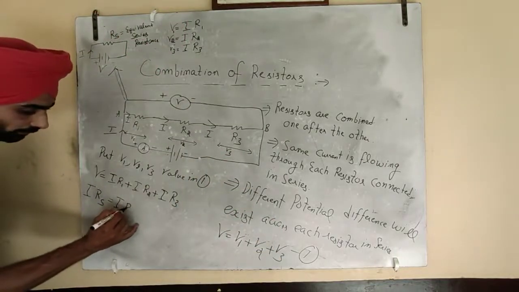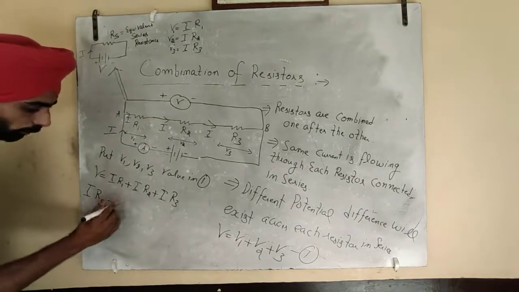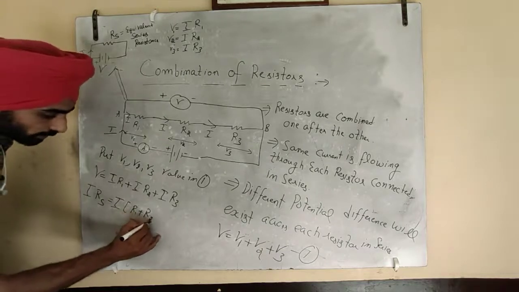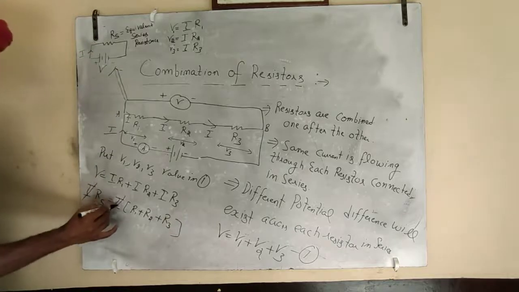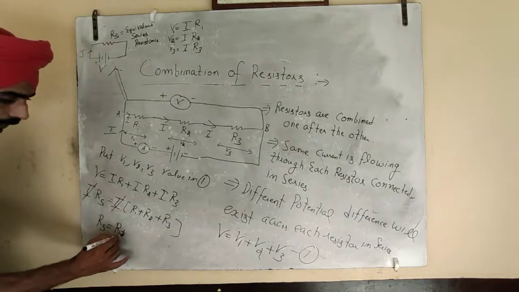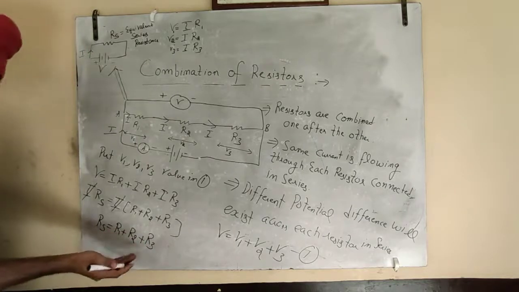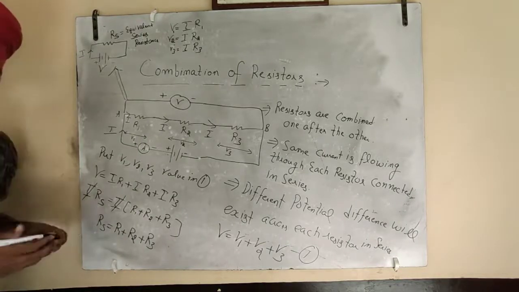I R1, I R2, I R3. So I is common, take I as common: I into R1 plus R2 plus R3. I cancels with I, so RS equals R1 plus R2 plus R3. So the total resistance in series combination will increase, they will get added up, and the equivalent series resistance is going to increase.